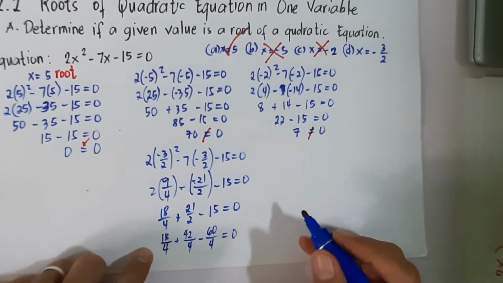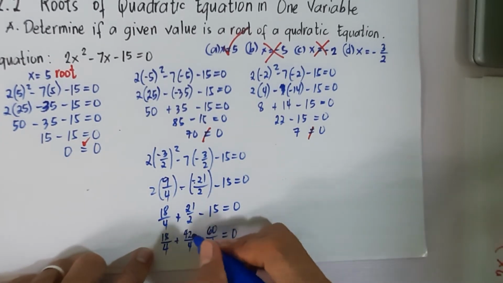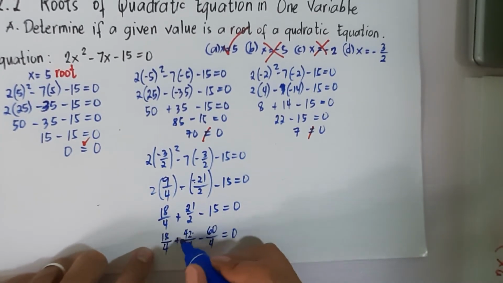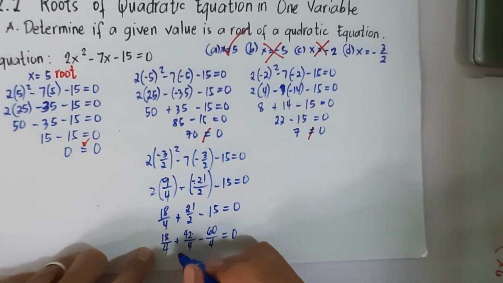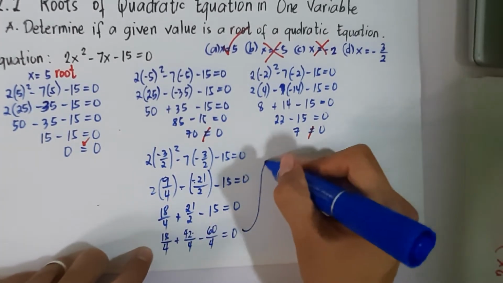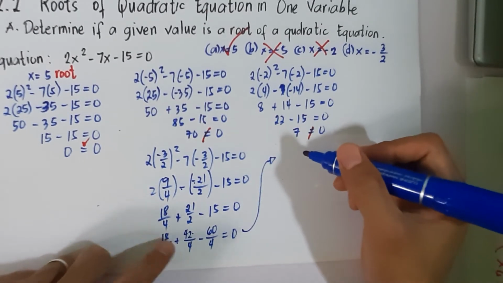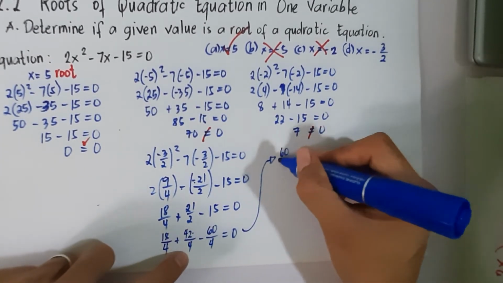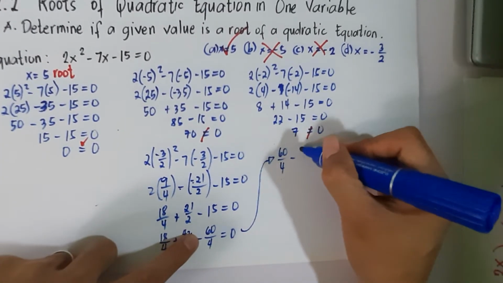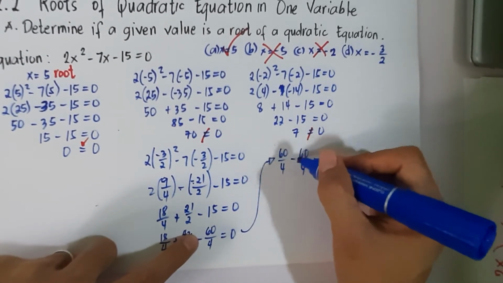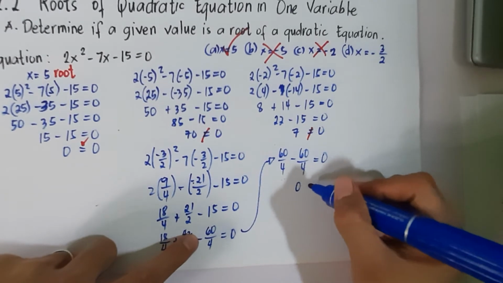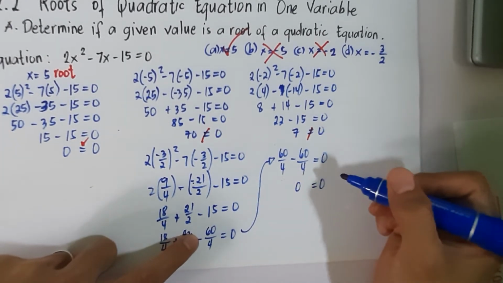Now 18 plus 42, that's going to be 60. So 60 over 4 minus 60 over 4 equals 0.